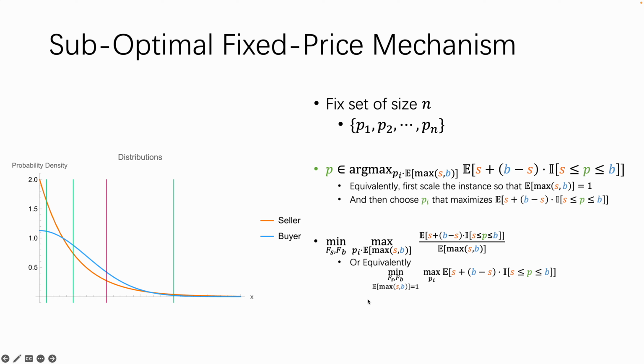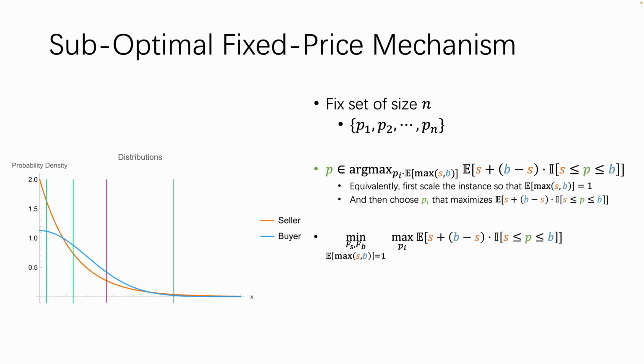That is this one. So here we do not divide by the optimal welfare because it's just 1, so definitely we don't need to divide it. So this term looks much nicer. So let us just consider this term in the following.